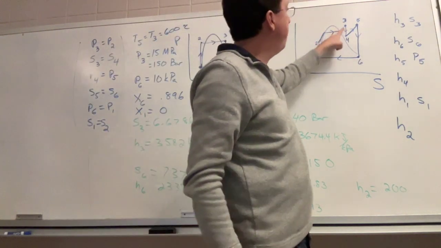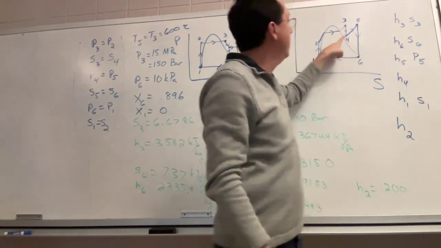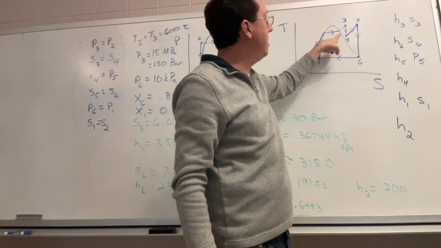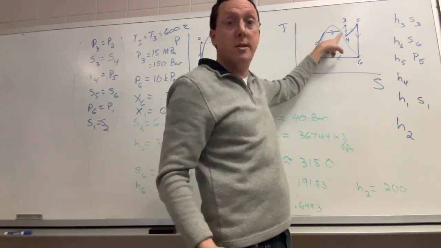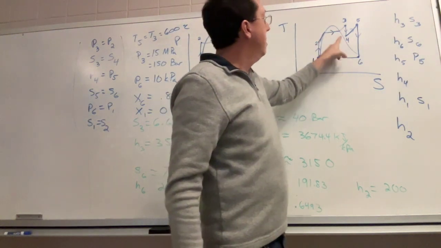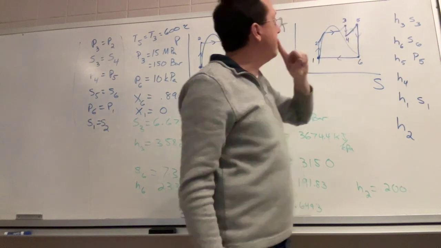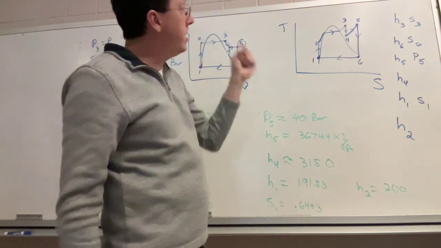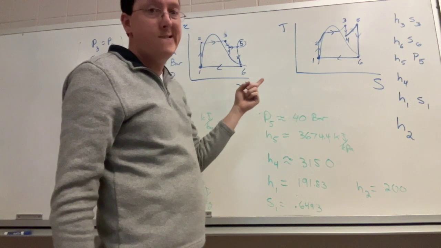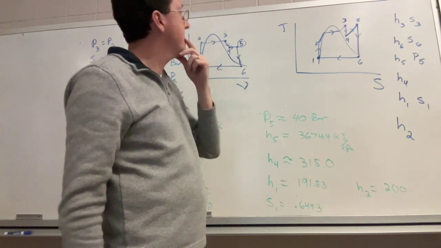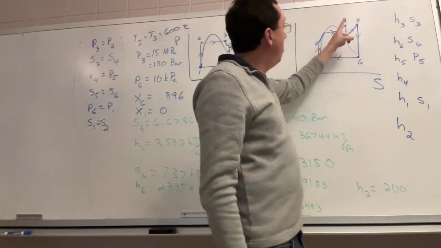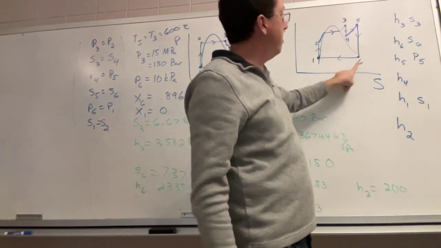So right now, after you find the entropy at state 3, we want to find the pressure at state 4, but I don't know how to do that yet. So we have to find some other number. And then we go to state 5. And at state 5, we know a temperature, but we don't know the pressure either. So we push it back one more level.